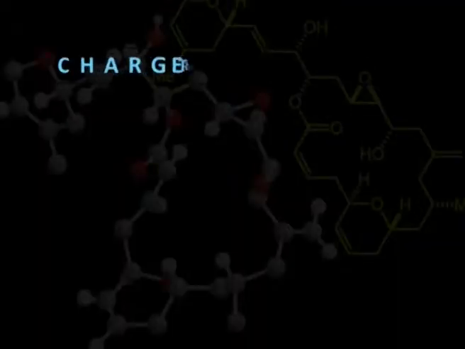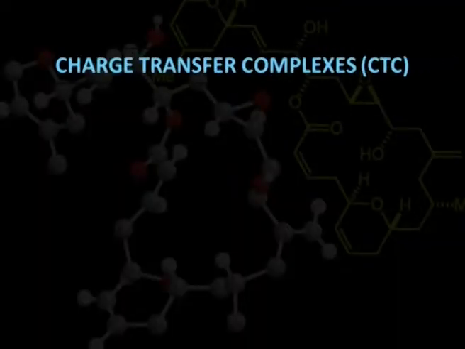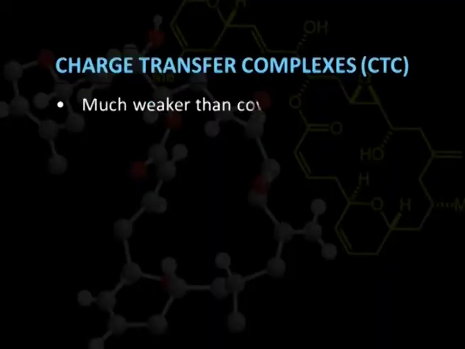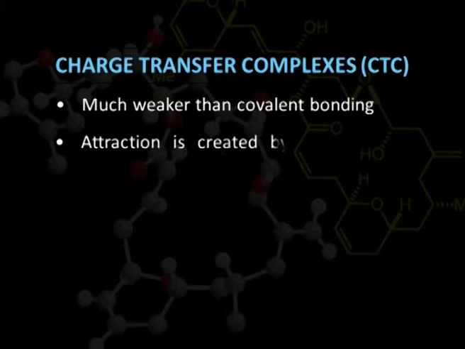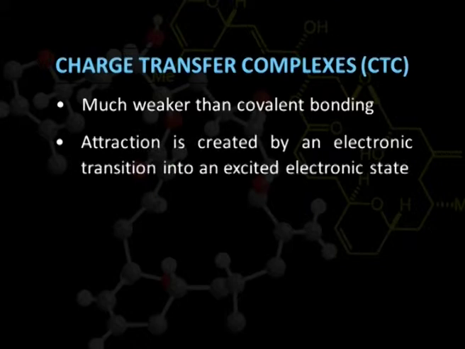Now, what type of interaction takes place between donor and acceptor that leads to the formation of a charge transfer complex? It has been understood that these interactive forces are very weak. In fact, they are much weaker than covalent bonding. Attraction is created by an electronic transition into an excited electronic state.